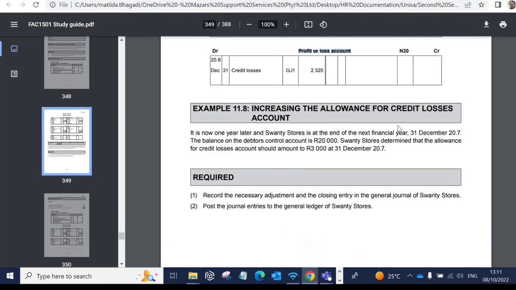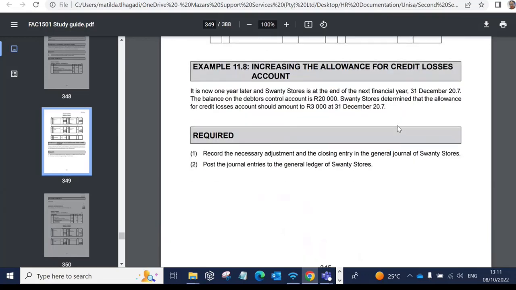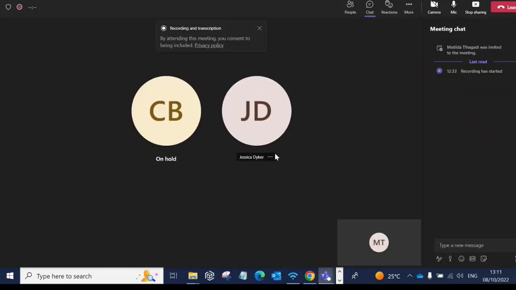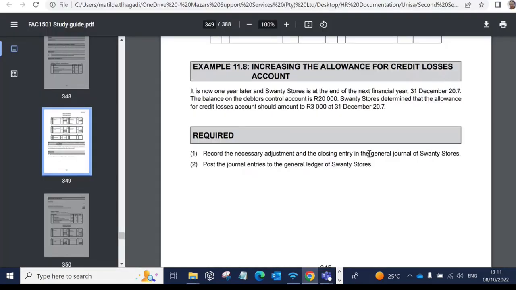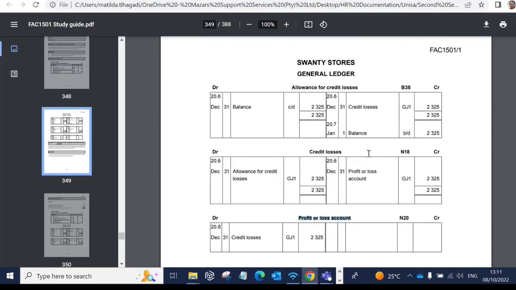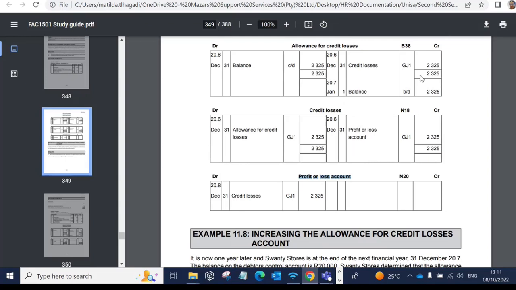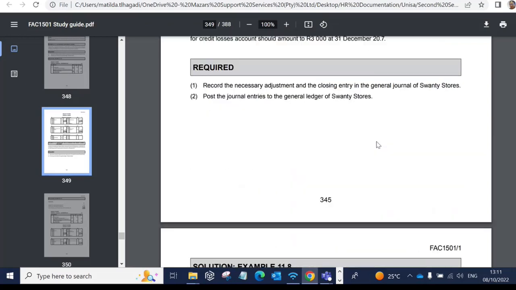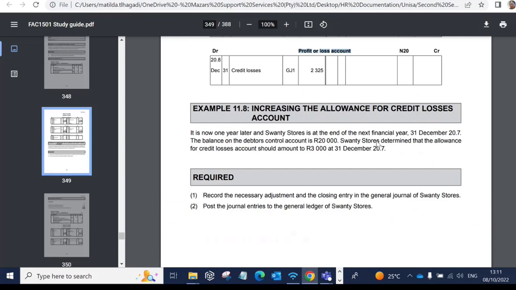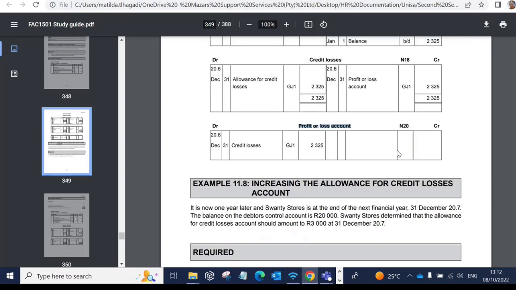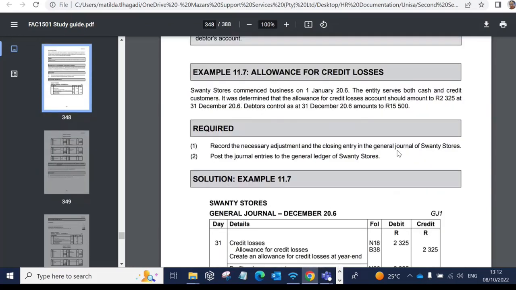In the first example, our allowance for credit losses was 2,325. In the second example, they're saying the allowance should be 3,000 as at the 31st of December.